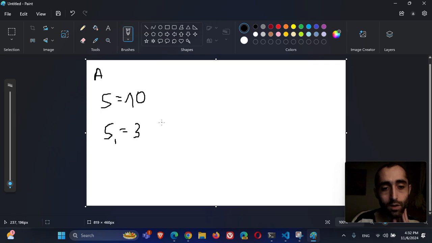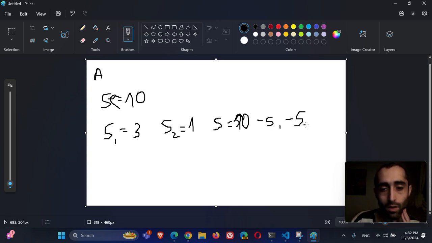For example, this is 3, another share is, I don't know, 1, and after we create these shares, we create another value, let's call it SE, which will be the secret value 10 minus S1 minus S2.